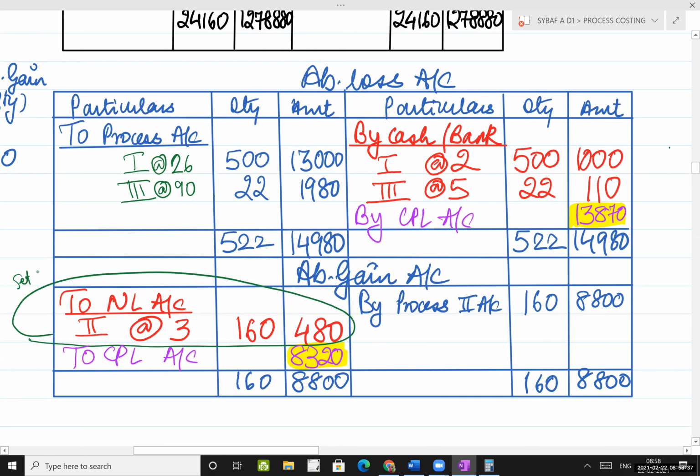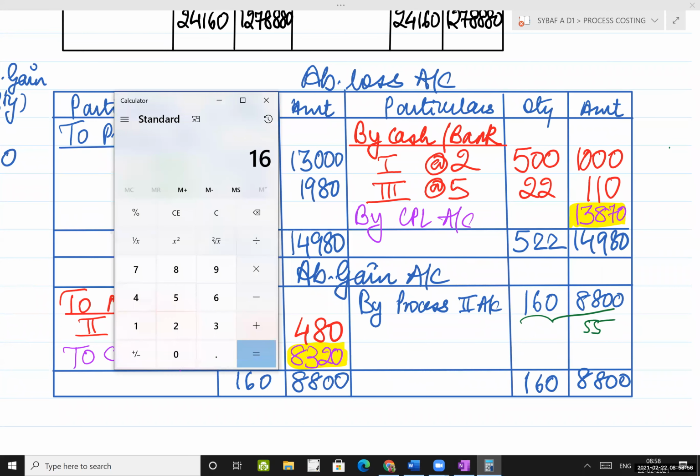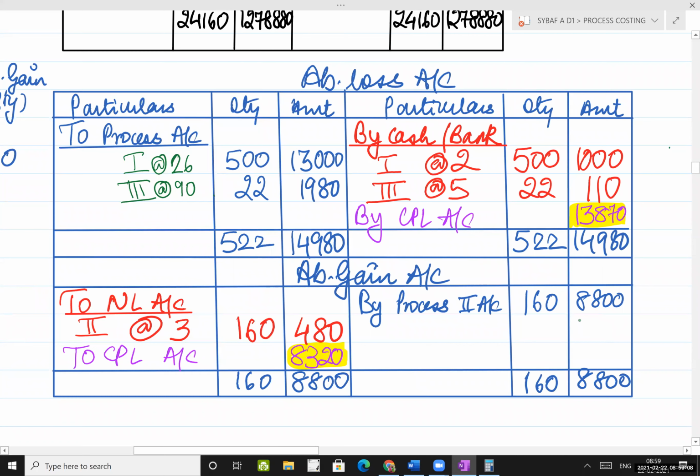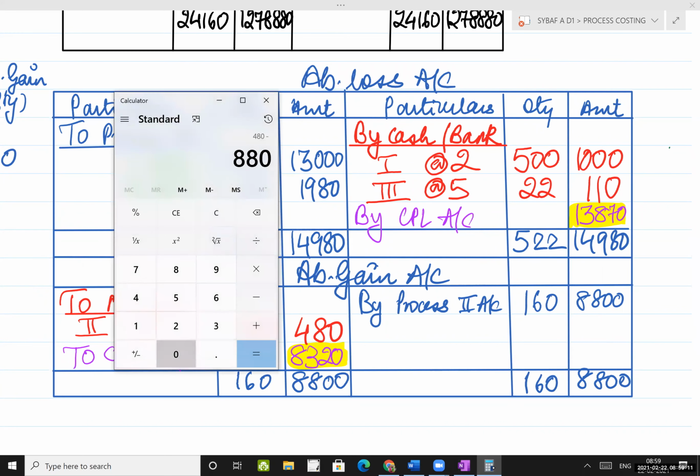What if I was able to sell my gain? Don't forget, its cost price was 55, and here we assume it would go at scrap value. So 160 into 3, 480. Close the ledger, minus 8,800, 8320.